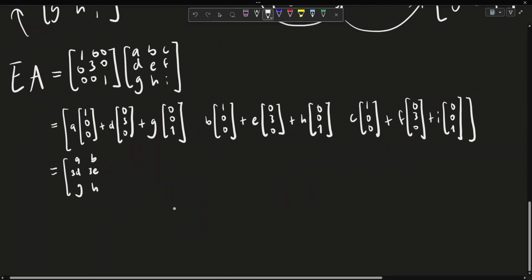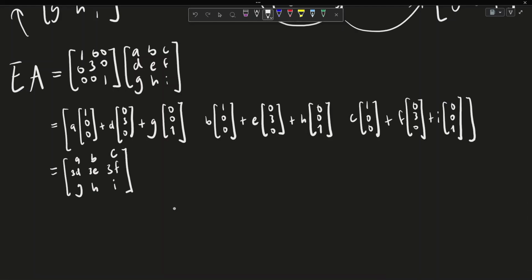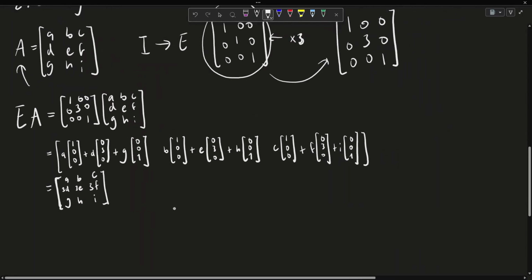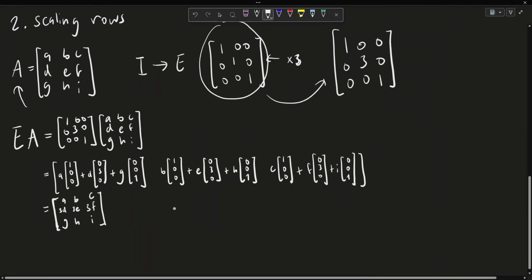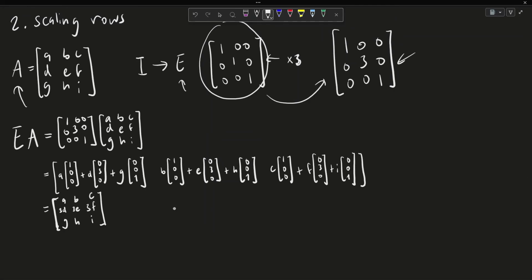And we have C, 3F, I as our third column. And so as you can see, scaling the second row of the identity matrix by 3 to get the elementary matrix E, then multiplying E by A scales the second row of A by 3.